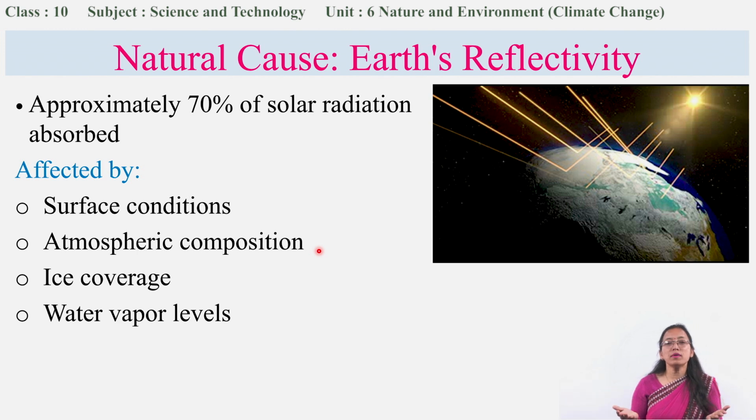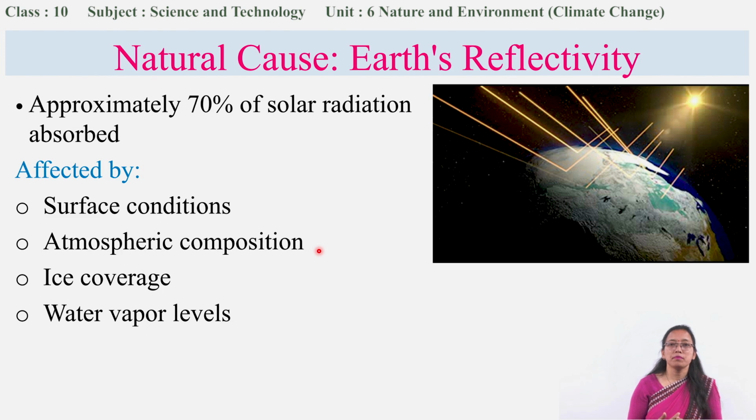That means in the summer season, more sunlight falls on the earth surface, that means in our surrounding. At that time, all the rivers, ponds, those dry up. How do they dry up? Yes, no one is taking water.